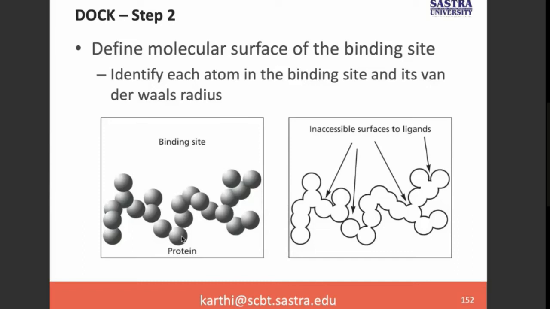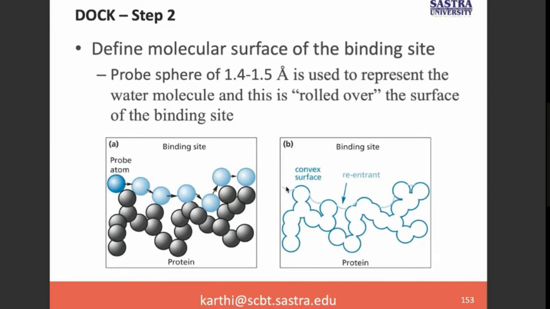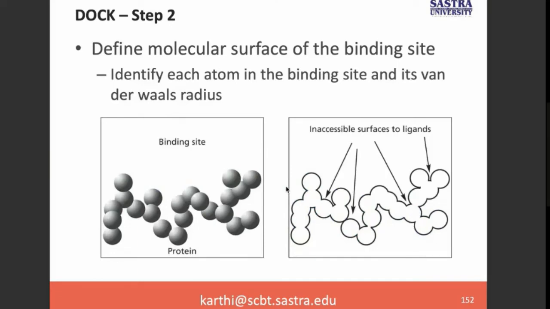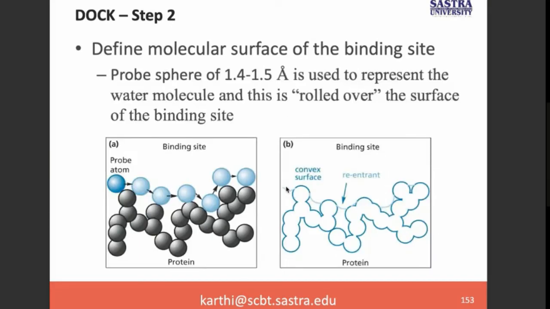So each atom here is represented by its van der Waals radius. That's a very simple thing, right? Once you represent the atoms as van der Waals radii, it will be easy for you to find out where the binding site is present.